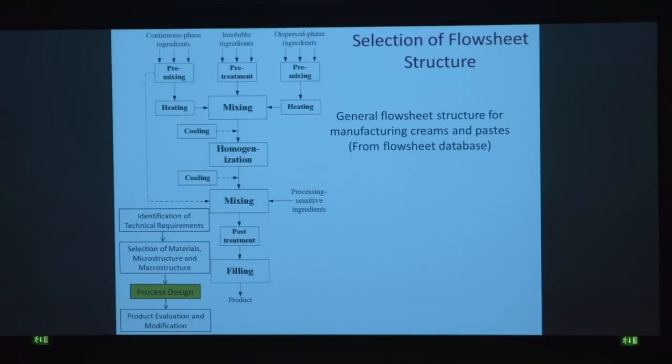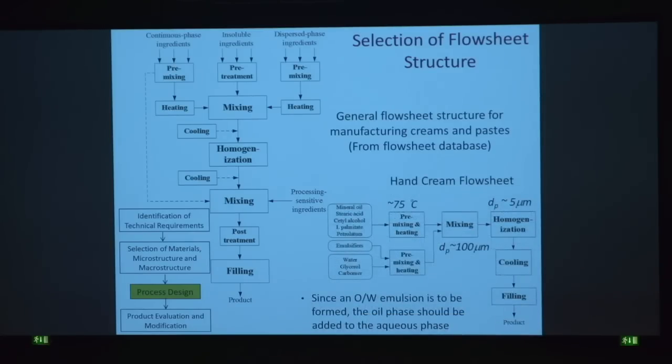Then we mix them, and then we carry out homogenization. With this type of flow sheet database, it's relatively straightforward to come up with the flow sheet that is specific to the hand cream we have in mind, as well as the operating conditions.